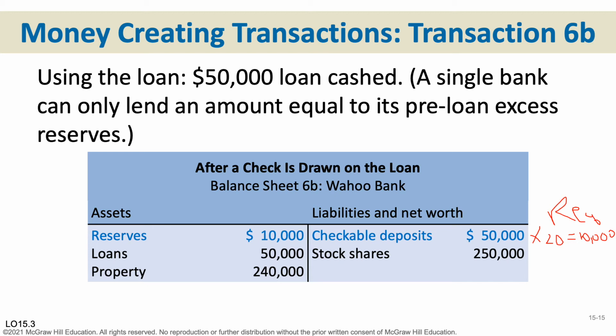Actual reserves is 10,000. So how much is excess? Actual is 10, required is 10, so our excess reserves are 0.